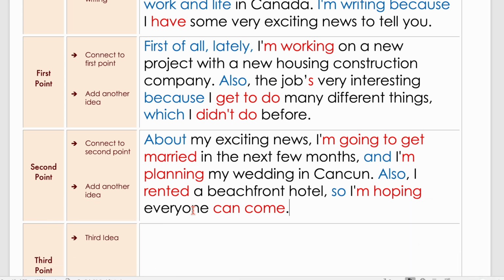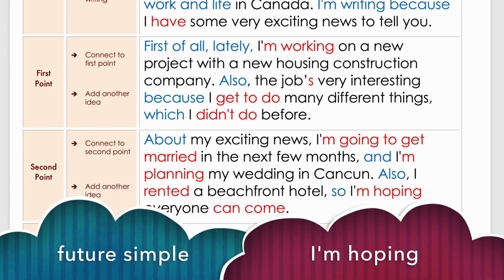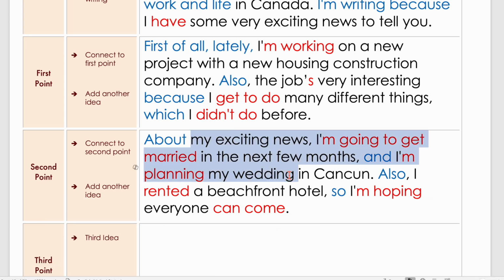Here it says already finished, I rented, okay? And now I'm hoping, I really hope everyone can come. Very good idea. Very exciting news, right? I'm getting married. So that's very exciting news. Very good paragraph. Notice we used three tenses here: future, continuous, past, and present. Very good sentence.